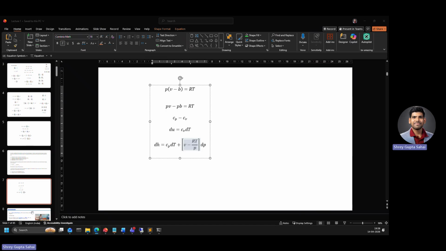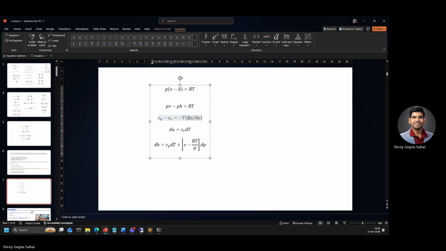We can use the relation that Cp minus Cv is equal to minus T times partial dP by dT at constant V squared, divided by partial dP by dV at constant T. We need to substitute things to figure this out.